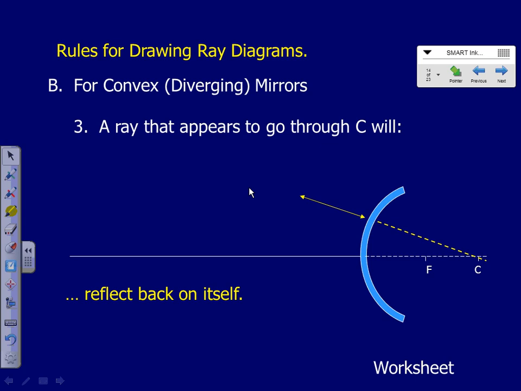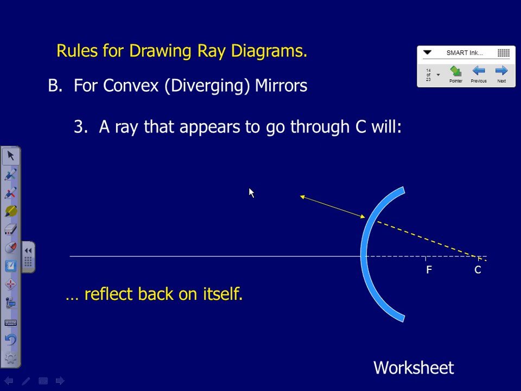Ray 3, coming from the top of the object and putting the other ruler end where the C is, all right? A ray that appears to go through C will reflect back on itself, and therefore we're going to extend it, because we always extend. In, out.